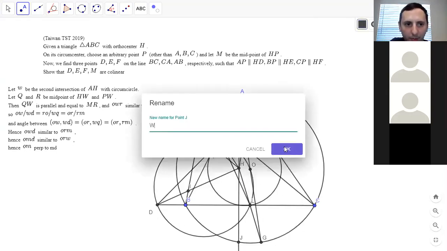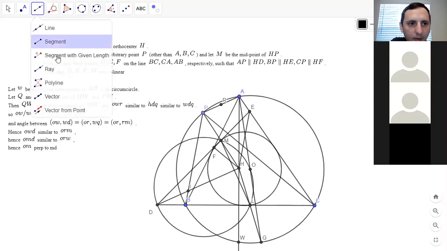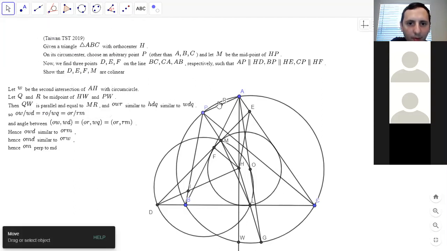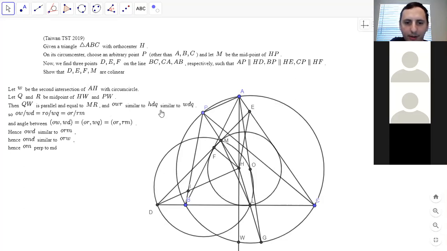And Q and R are the midpoints of HW and PW. I'm going to delete R for now. But if you ever remember your idea, yeah, post it on YouTube.